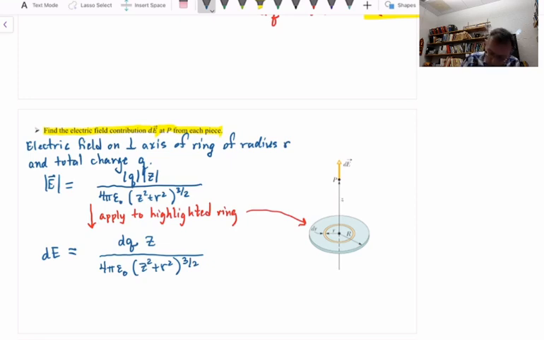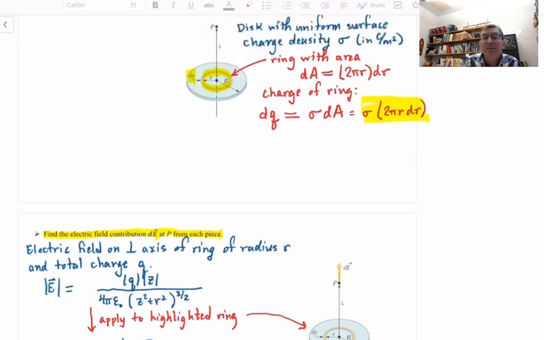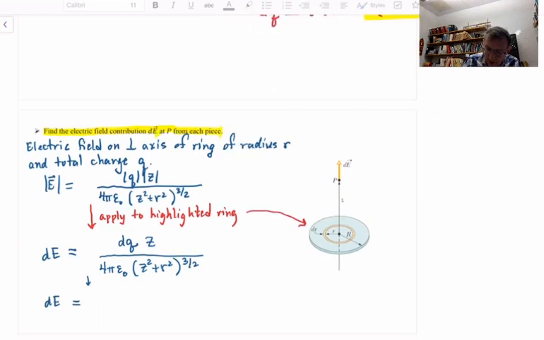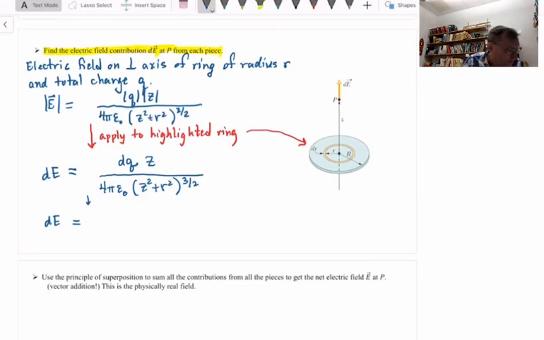Now, let's keep working on this a little bit. dE equals, okay, for the dQ, use that expression right there that's highlighted: sigma times 2 pi r dr, 2 pi little r, d little r. And I've already got a z up there too, don't lose that.